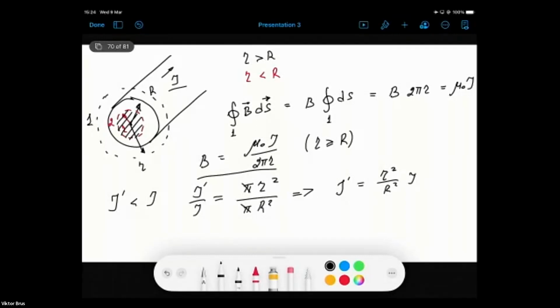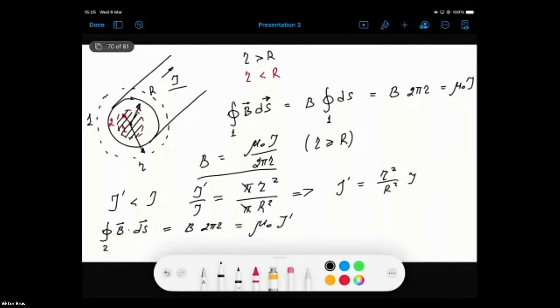So once we know the current, we can proceed further and apply again this Ampere's law. So again, integral over path 2 of scalar product B vector ds vector will be equal to B times 2 pi r, will be equal to mu naught, and here is I prime.